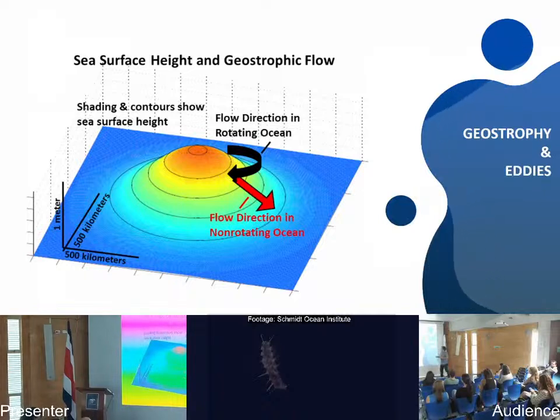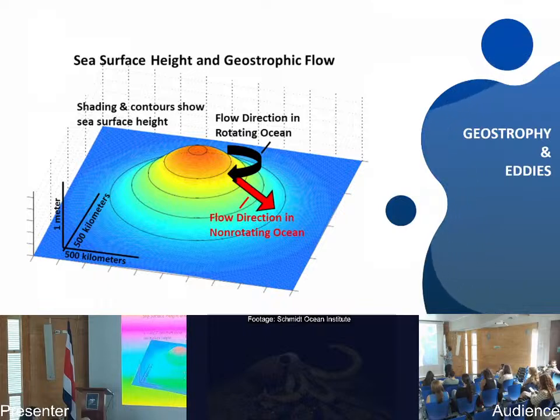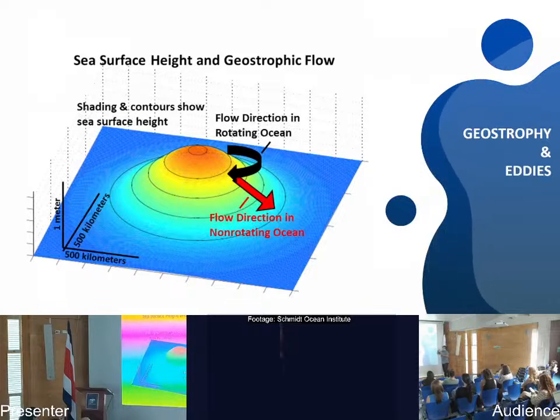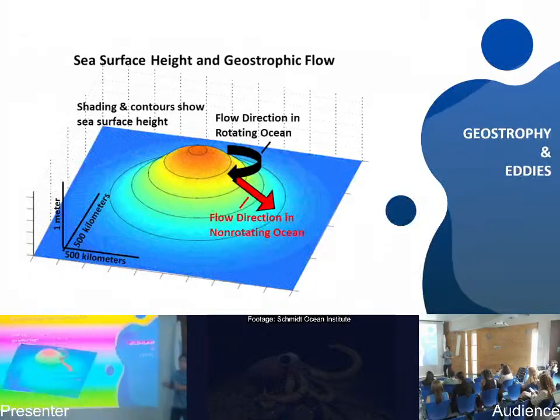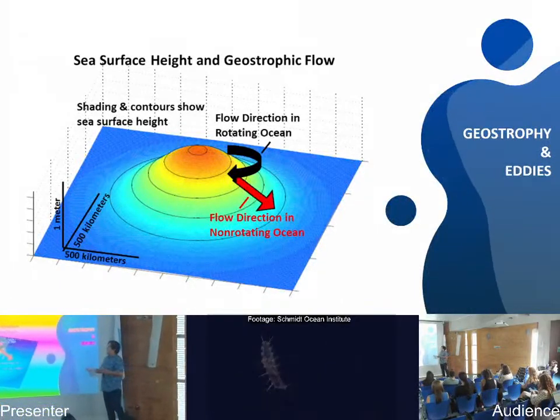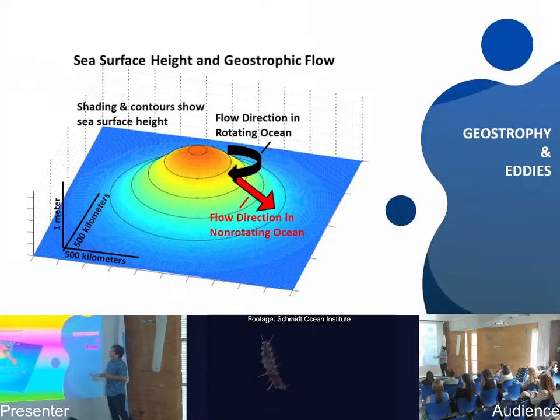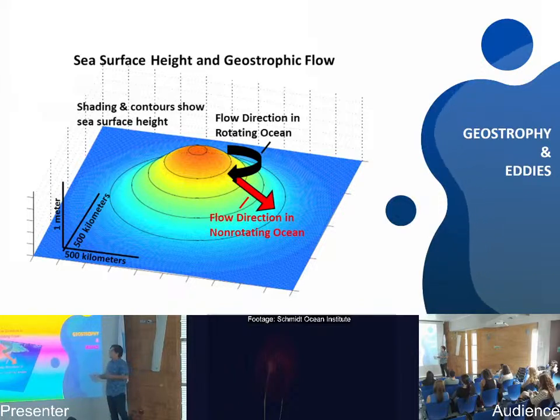Another concept that is important is geostrophy and eddies. This is just for you to have a clear picture, to understand what I'm going to present later. When we talk about major currents, we talk about geostrophic currents, and these are currents that are due to the geostrophic balance between the different pressure gradients, in this case associated with the sea surface height.